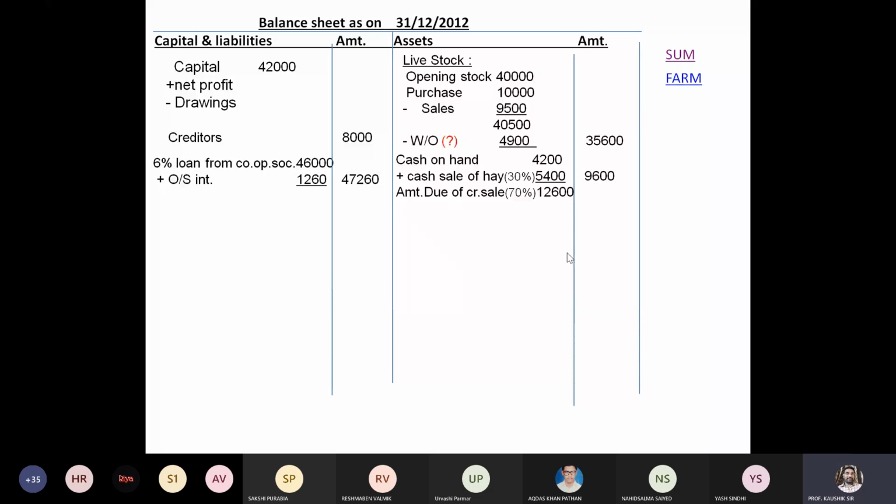So 50% of credit sale means 6,300 will be written off. So the remaining 6,300 becomes receivable.